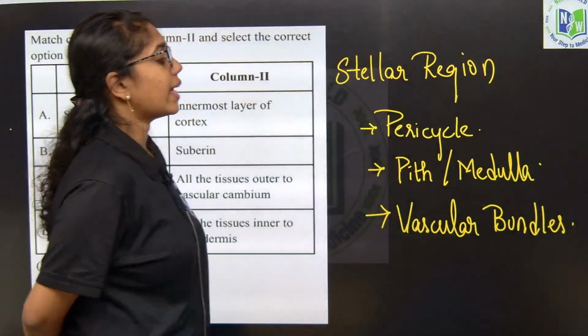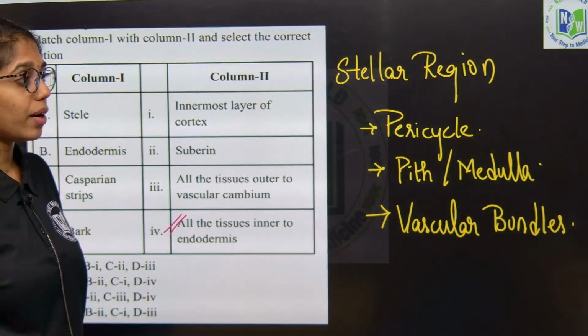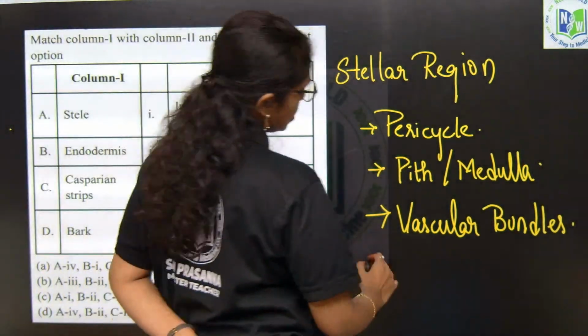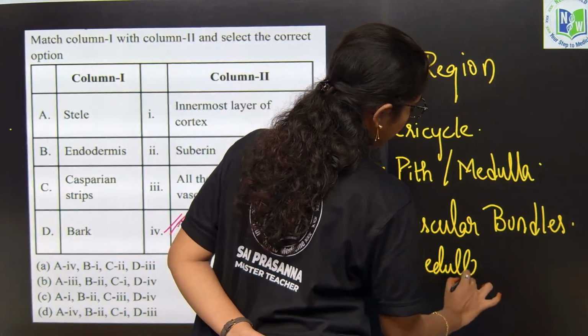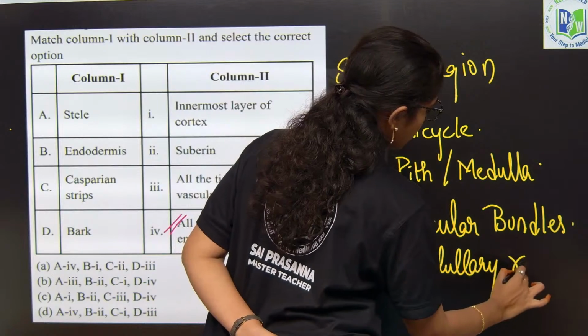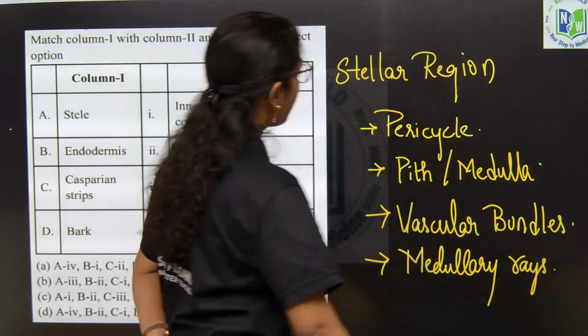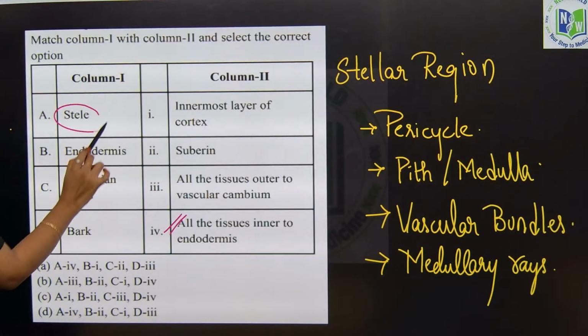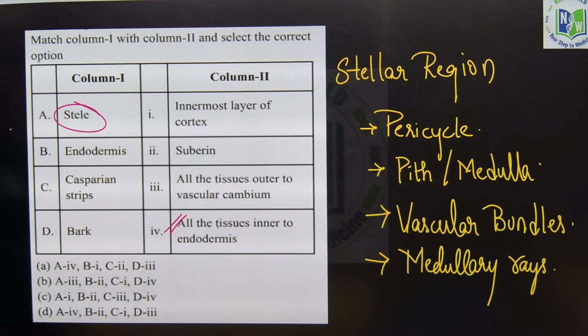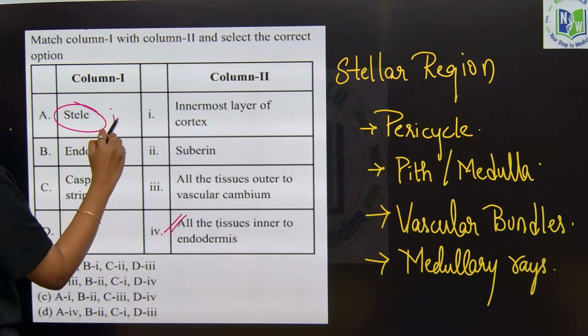Okay. So, it has pericycle, pith or medulla and vascular bundles. You can also consider medullary rays. So, here if you observe stele, all tissues inner to the endodermis, which is option 4.